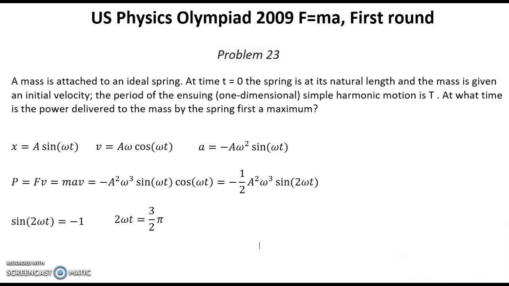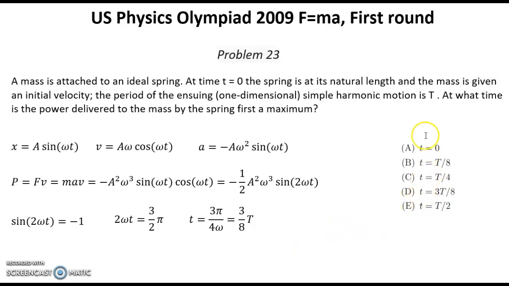And from here we can immediately find the moment when this power has a maximum. This is the solution. So time equals 3 over 8 period. Here in these 5 answers we have to pick the correct one. The correct one is D. Time equals 3 over 8 T.